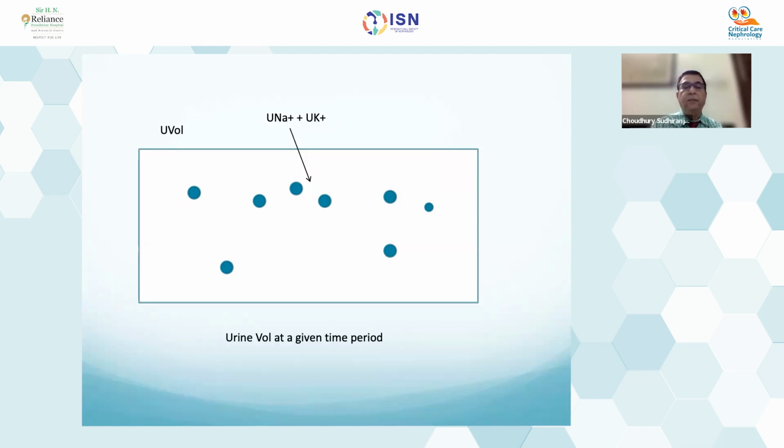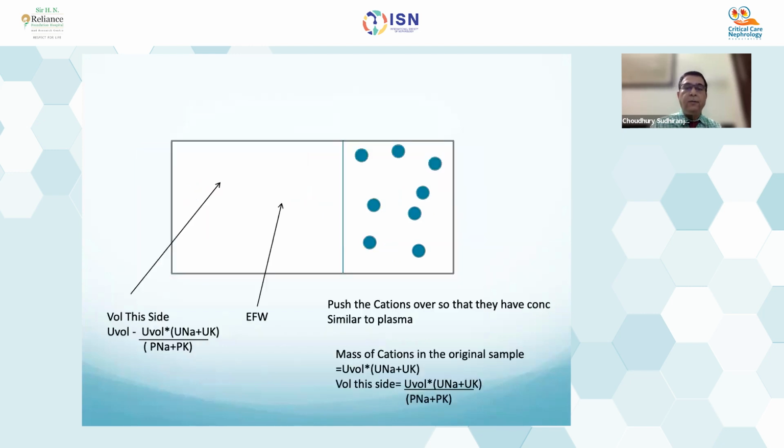Urinary sodium will only guide you in deciding whether it is a hypovolemic hyponatremia or a euvolemic hyponatremia. That is the only cutoff where urinary sodium will help you. But to calculate urinary free water, you require both electrolytes, that is urinary sodium and urinary potassium. So what is the concept?